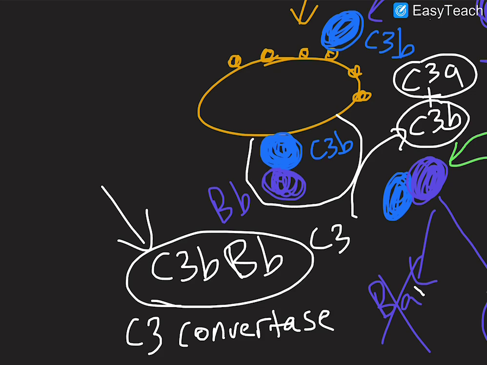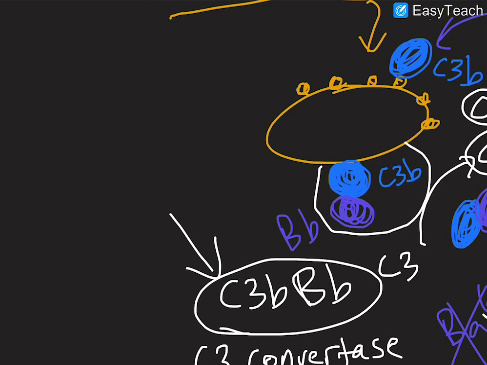Now remember what we said in the beginning of the video, C3b has the capability of directly binding to pathogen cell surfaces. So if we have another pathogen here, and due to this cycle that's being amplified, we have a lot of C3 convertase and a lot of C3b production.